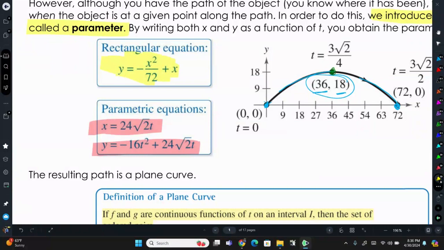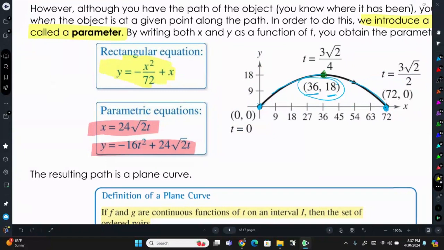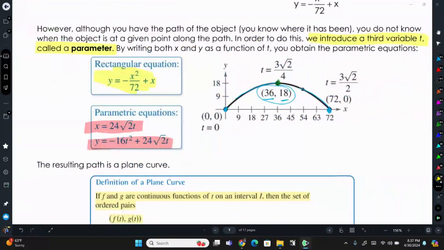Now we're not going to create parametric equations from rectangulars, but we are going to go from parametric into rectangular equations later on. So it's not really important for us to know right now where these equations came from. What's important is for us to know that we are introducing this third variable into our realm.